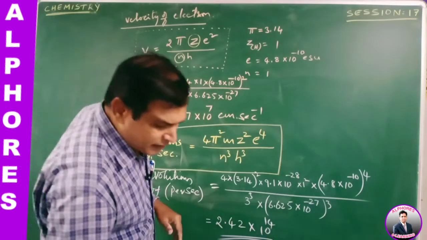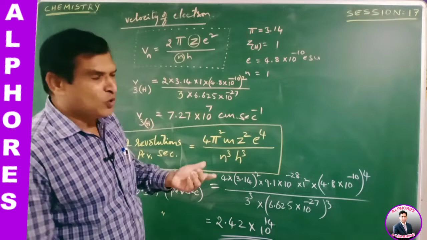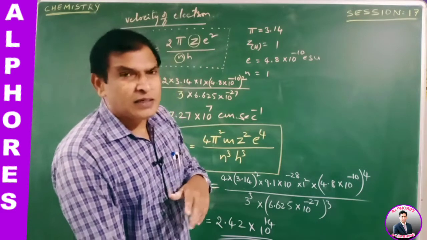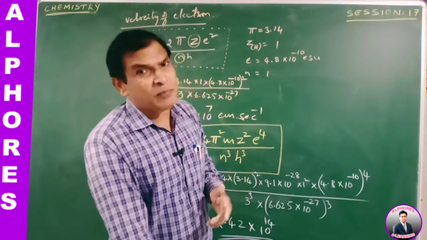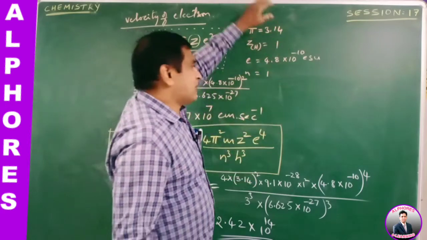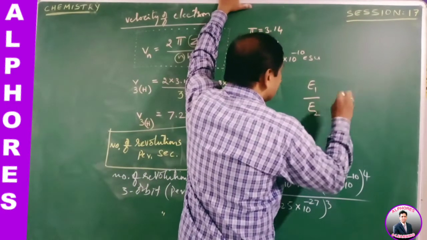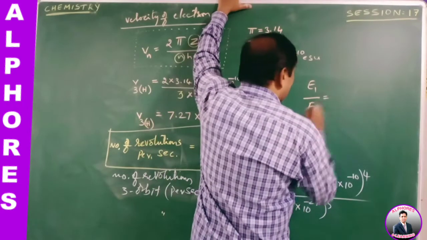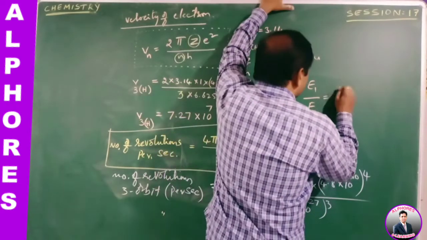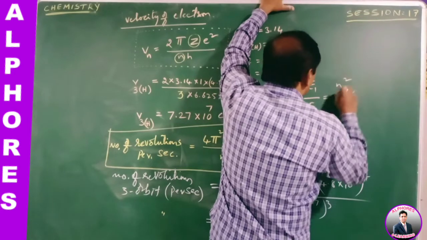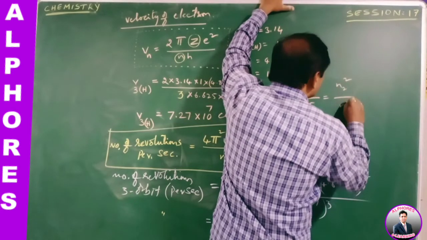And one more point I wanted to mention about energy. What is the relation between the energy of the electron in the orbit and the orbit? For example, E1 by E2, the energies of the two orbits, is N2 square by N1 square.